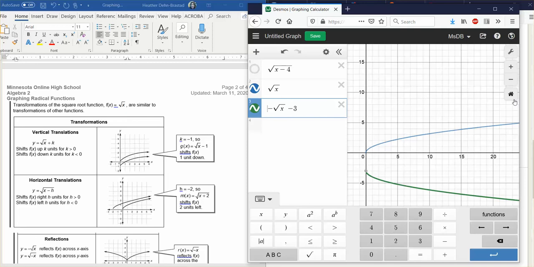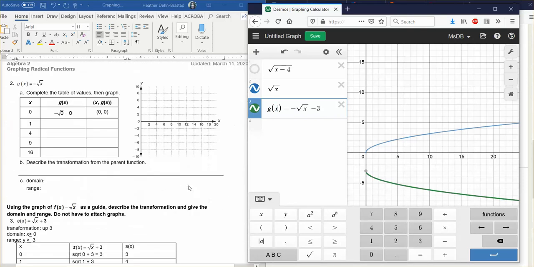So this is my function. I can put my function notation in front of it so it looks more like a function. So g of x equals negative square root of x minus 3, and that's what I need to write for that problem.